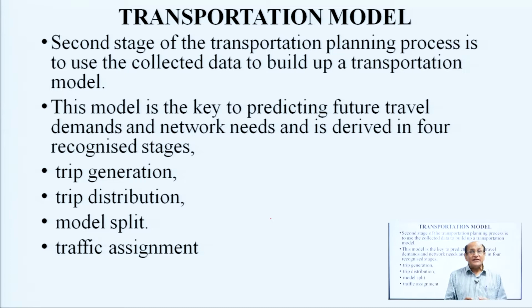The second stage of transportation planning process is to use this collected data to build up a transportation model. This model is the key to predicting future travel demand and network needs and is derived in 4 recognized stages.